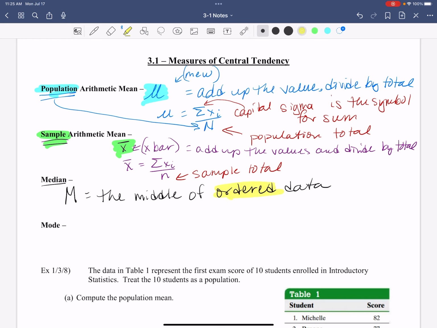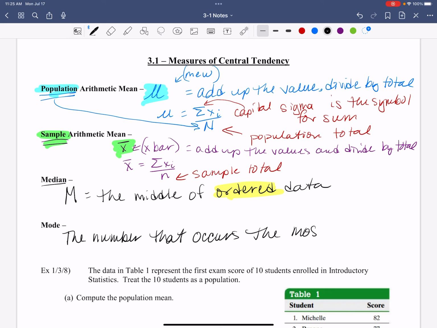So as long as they're in order, it can't just be the middle of a random set. It's literally the middle of something that's put in order. All right. And the mode here, there's no real symbol that goes with that. It's just the number that occurs most often. It's the number that occurs the most. All right, that's it. That's a mode.